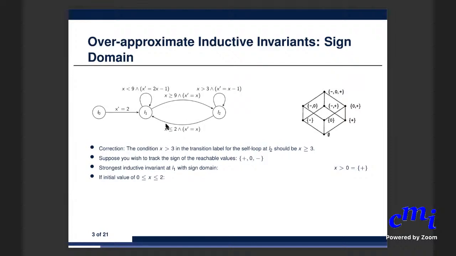Here, the domain is the infinite set of integers, whereas here it's a finite set with three elements that correspond to these predicates: x greater than 0, x less than 0, or x equal to 0.